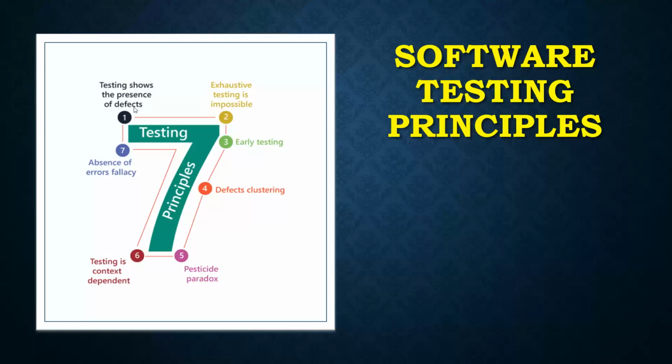We can say 99%, we tested all those things. So once you do testing, you should find some defects or errors or bugs in the software. Once you do the software testing, it shows that there could be a presence of defects.